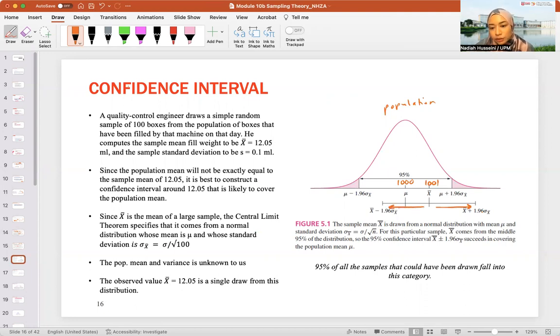And if you were to drag this bar around these values, it would overlap the mu. It would overlap your population mean. So this tells you that your sample mean is reliable to estimate your population mean. Okay, bear with me. I know it's quite a statement.